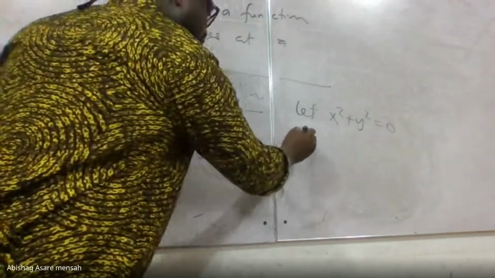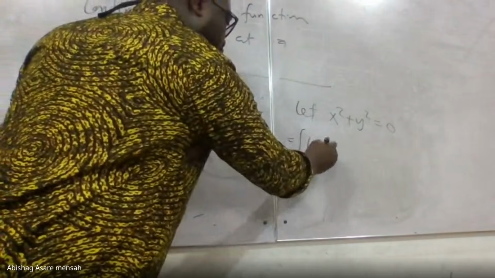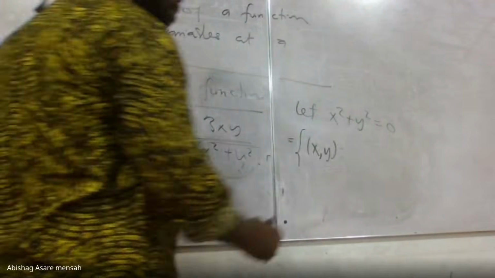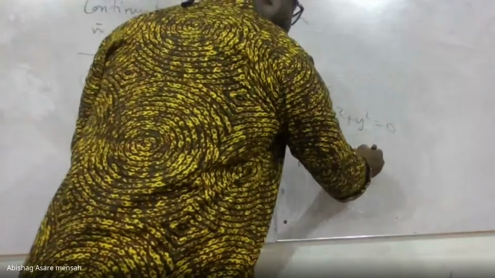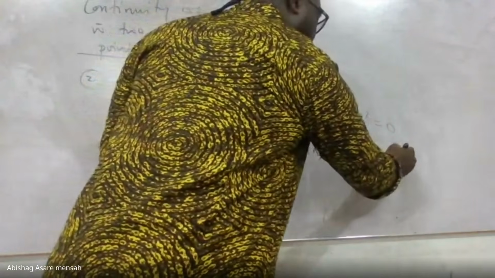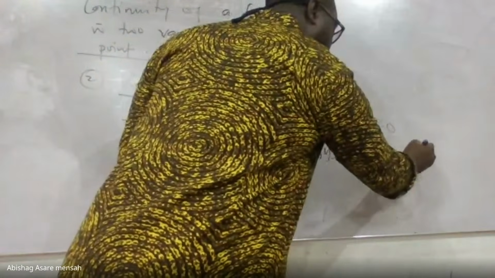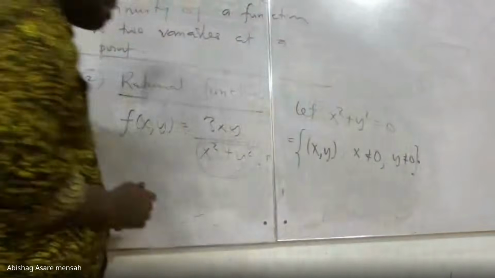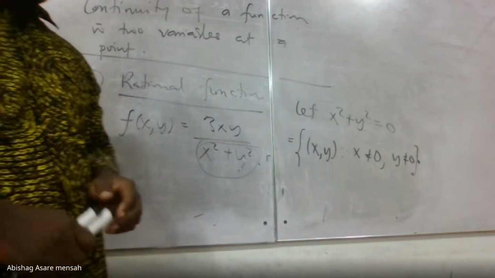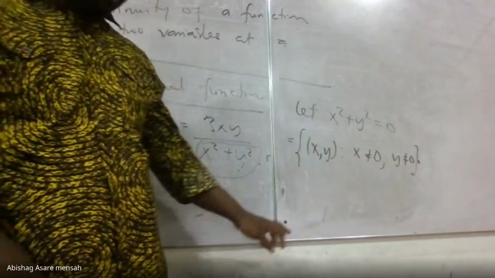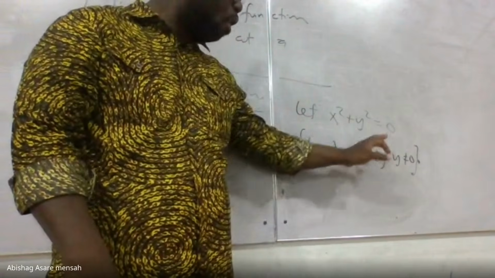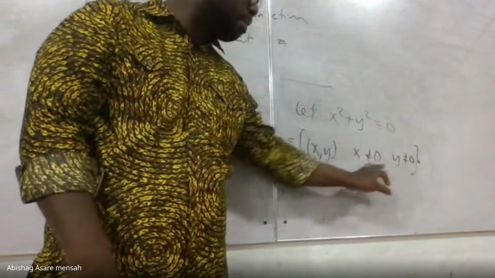So how do you conclude on that? We write that x and y, x is not equal to 0, y is not equal to 0. So the function is continuous at all points except this.